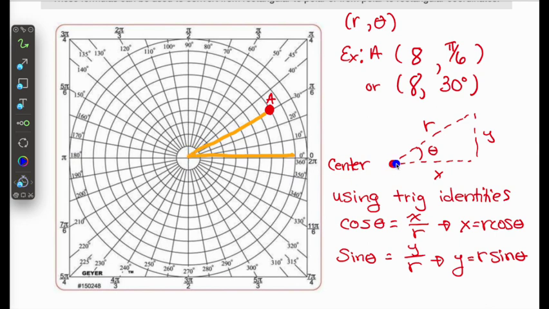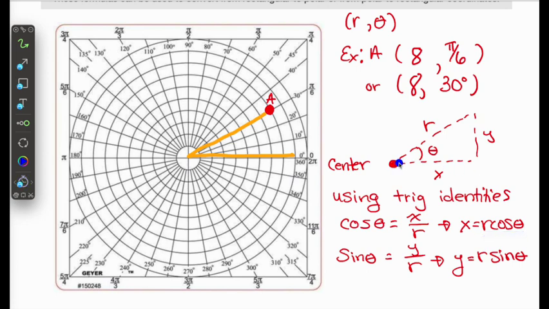And if you think about our identities, cosine of an angle is adjacent, which would be x, over the hypotenuse, which is r. So if I set up an identity, cosine of theta is equal to x over r, and then I solve that for x, I get that my x coordinate is related to my polar coordinates by taking r times the cosine of the angle.